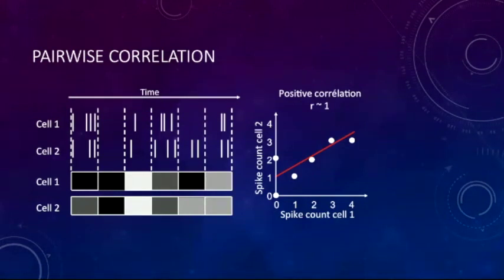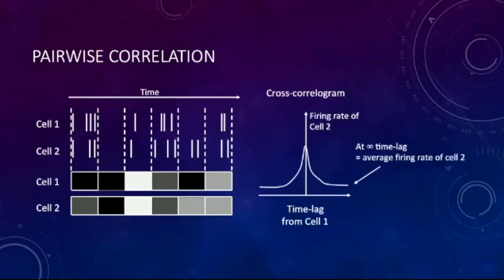So this is for zero-lag correlation. So you look at the correlation, bin per bin. Another way you can do it, which gives you even more information, is to look at the correlation not only at time 0, but as a function of the time lag between the two spike trains. So this is a cross-correlation function. What is the amount of correlation between the two spike trains when you jitter one spike train relative to the other by a certain amount of time?